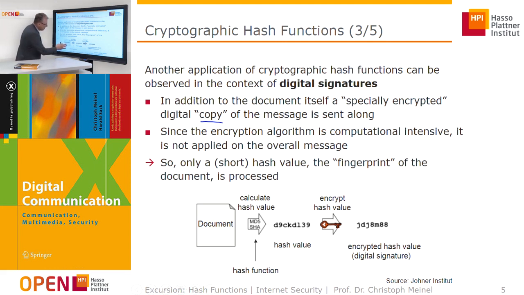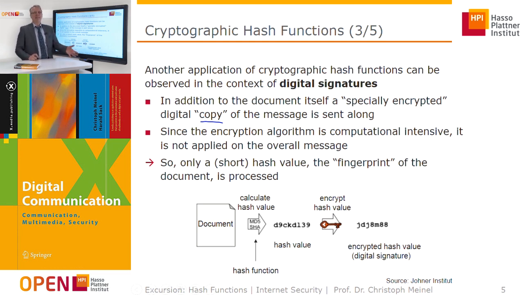Here is the illustration. We have the document, to which we apply a hash function. I apply an old-dated hash function in this example because they produce small hash values. Then with the private key of the user, this hash value is encrypted and sent together with the document.